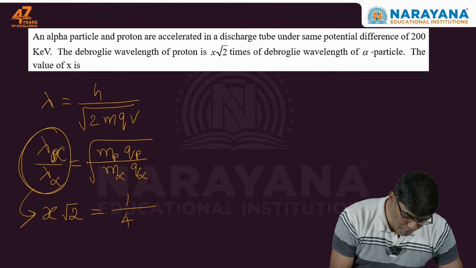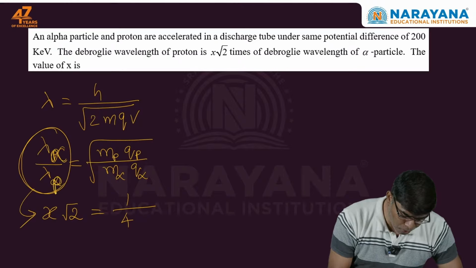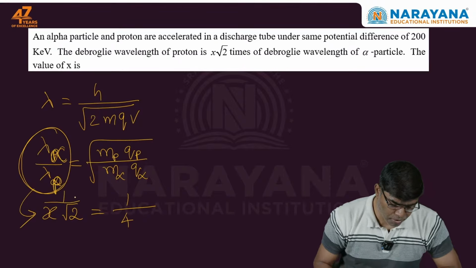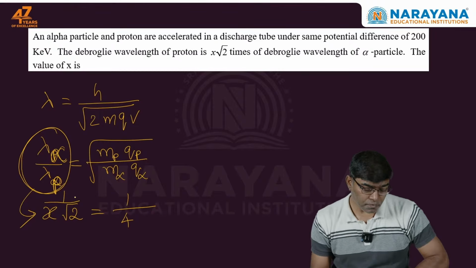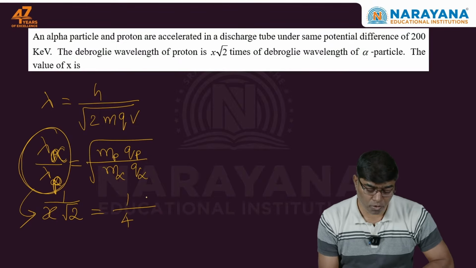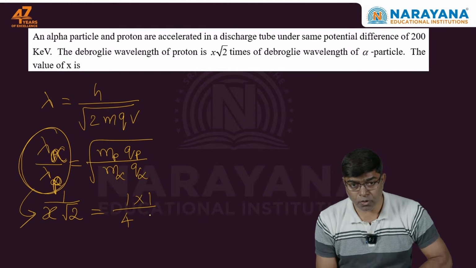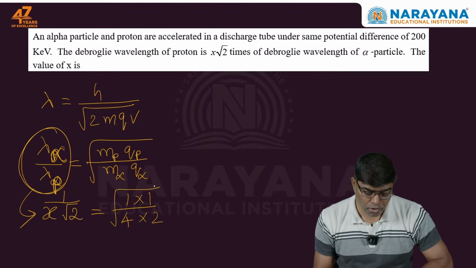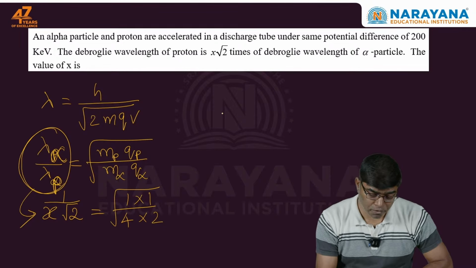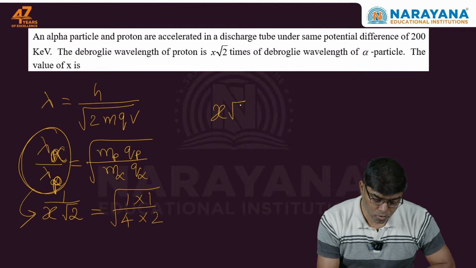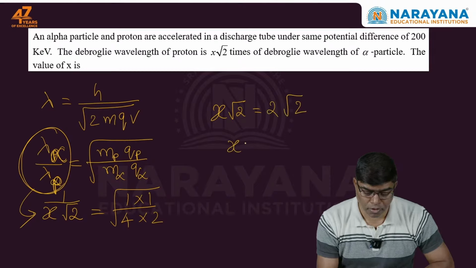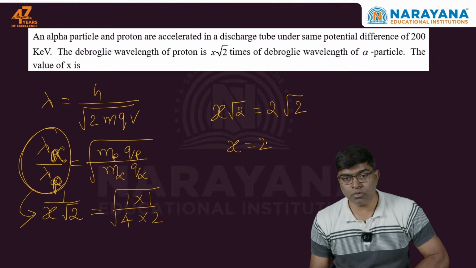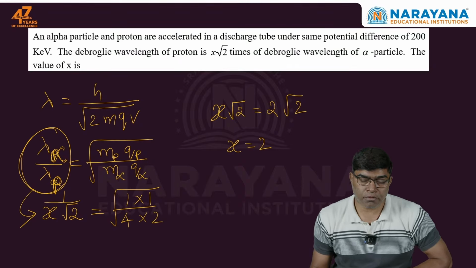It has to be lambda of alpha by lambda of proton, right? So this has to be 1 by x root 2, and now q of proton 1, q of alpha has to be 2, so it's under root. Now the straightforward relationship is x times root 2 is equal to 2 times root 2, and therefore the final value of x has to be 2.